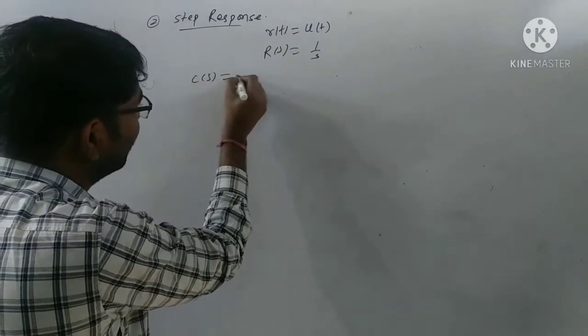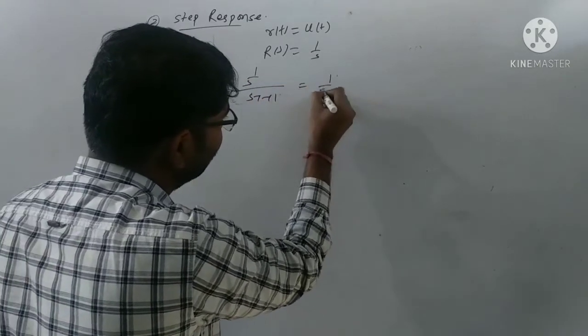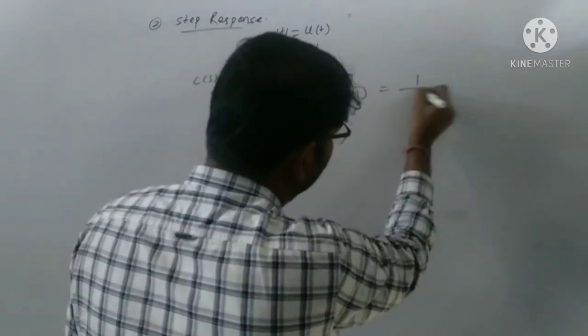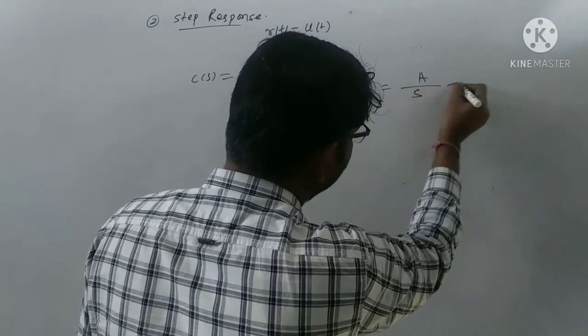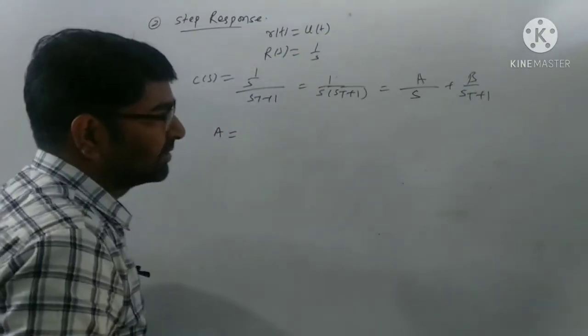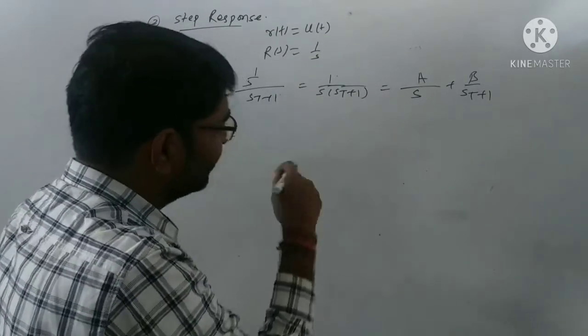Again, C(s) is 1 by s(sT plus 1). So this can be written using partial fractions. Either we can take the LCM and compare, or you can use the residue theorem.